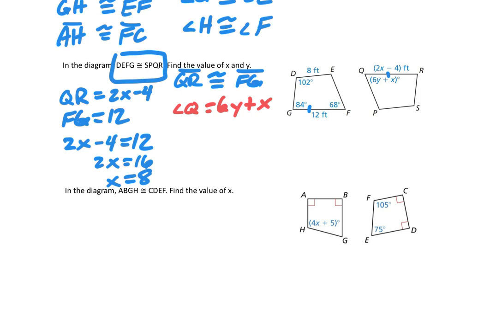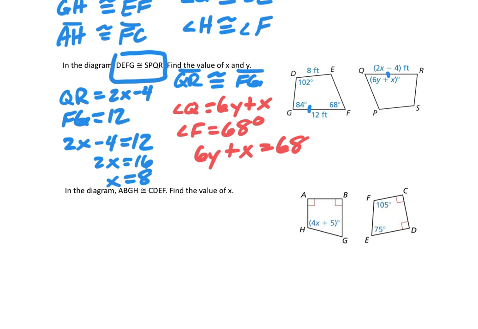So angle F is 68 degrees. So we're going to rewrite 6y plus x equals 68. Okay, and we do have two variables here, but what did we already find? We already found x, right?